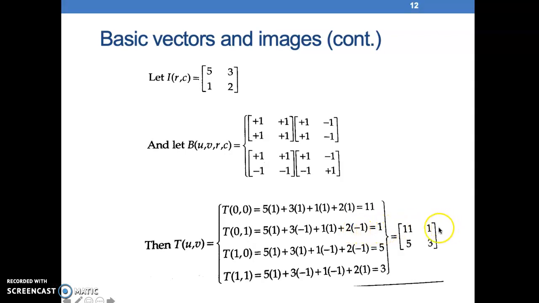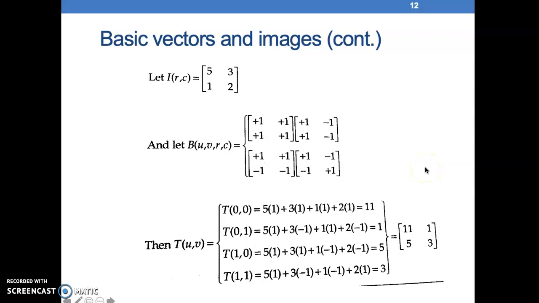Then you will get 1, and the same goes for the others. So this is the projection to get T(u,v), where you have I(r,c) and the basis image. The basis image will be different from one mathematical tool to another.